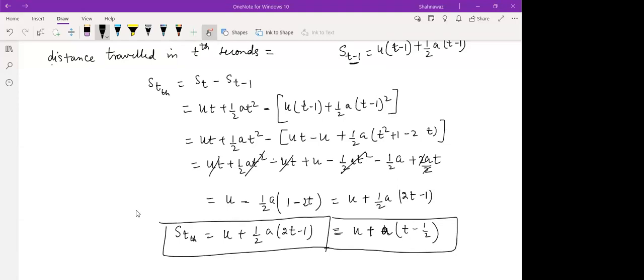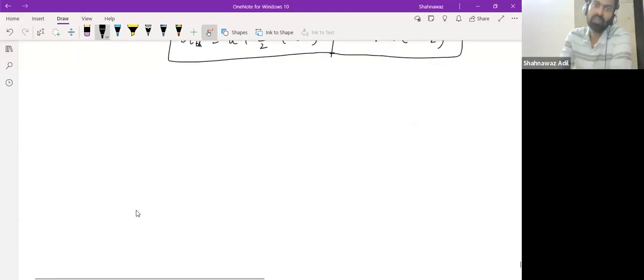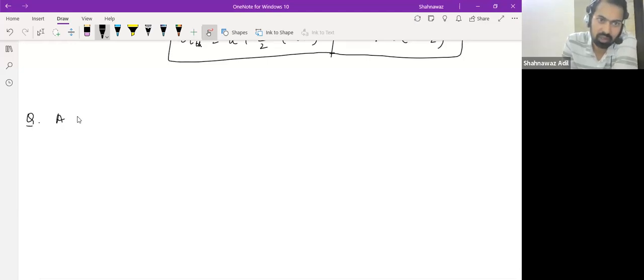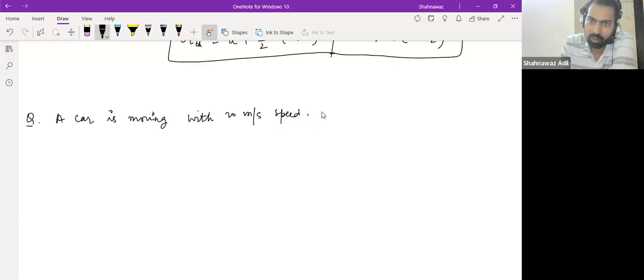Done, sir. Okay, so let us do some questions. A car is moving with 20 meter per second speed, right? Then with the acceleration, let's say 3 meter per second square.